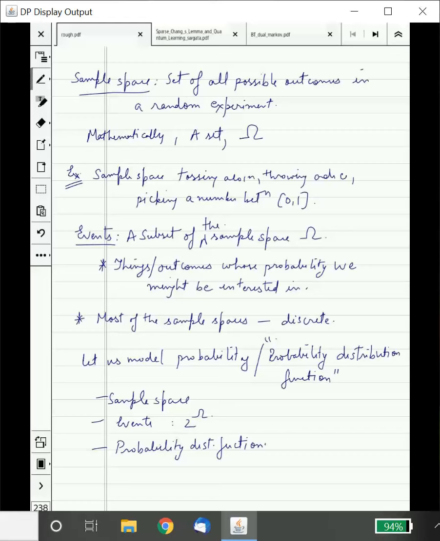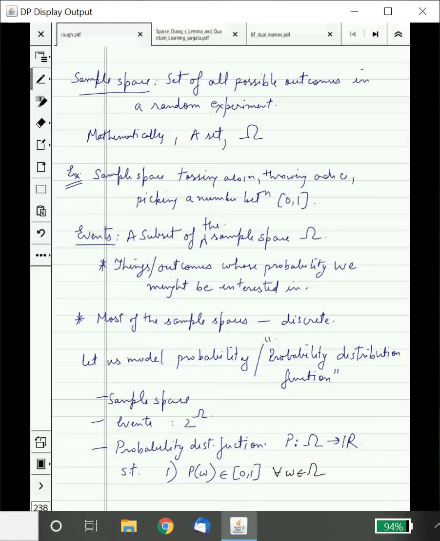So what is a probability distribution function? Not surprisingly, it is a function from omega, our sample space, to real numbers such that it satisfies two properties. One, if you look at the probability of any element in the sample space, it should be non-negative.